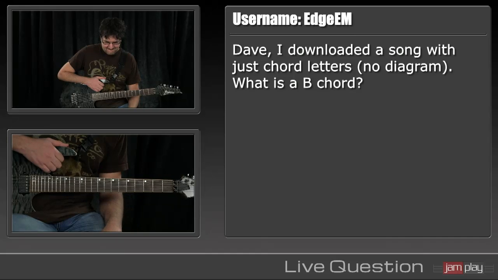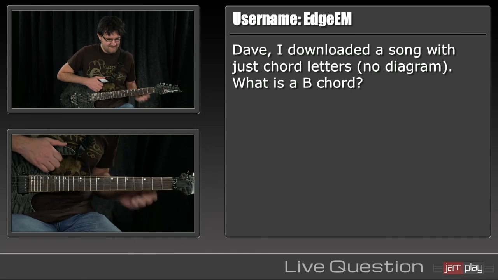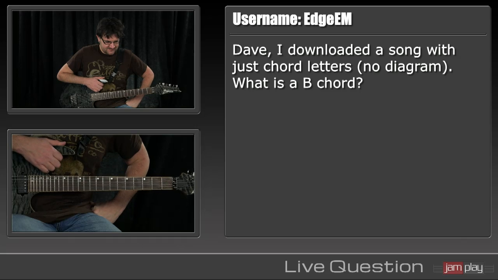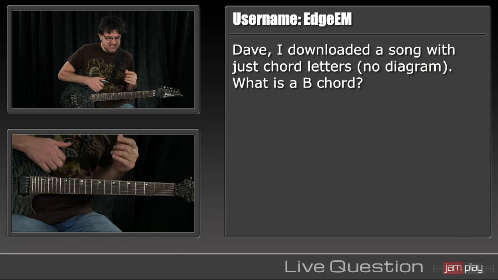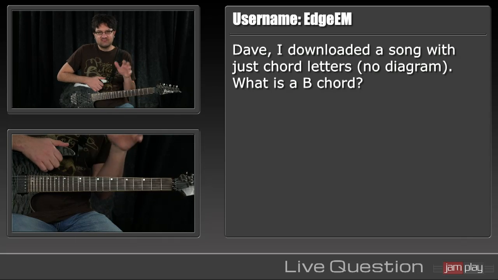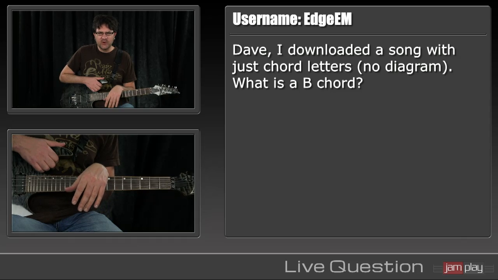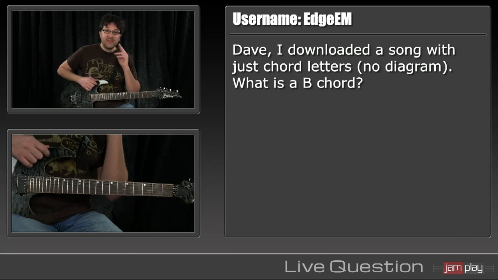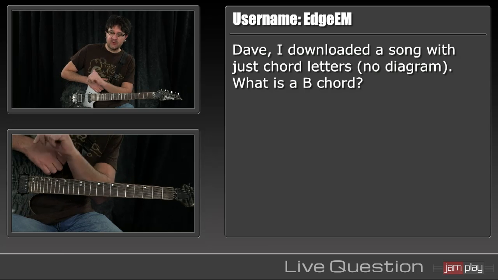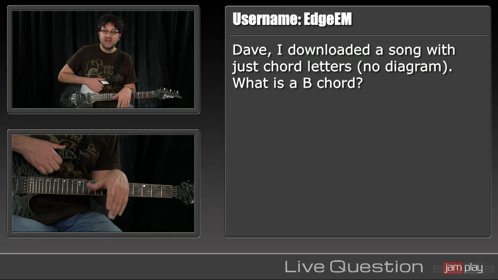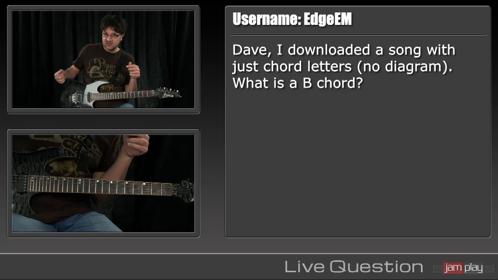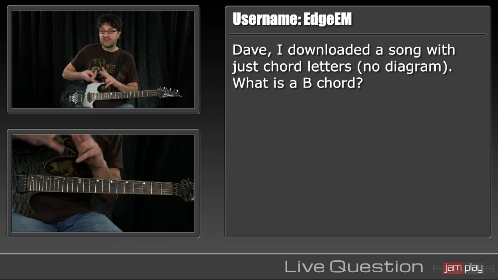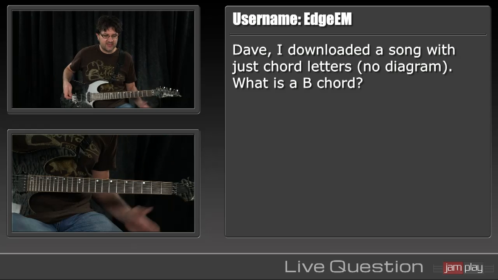Okay, this one, Edge EM asked a while ago. Dave, I downloaded a song with just chord letters, no diagram. What is a B chord? Good question. So we'll get a lot more into chords hopefully later in the lesson, but just for info, a B chord, or a chord that just has the letter, that's it, is a major chord made of a root, major third, that's what determines the nature of the chord, and a perfect fifth, sometimes if you want to have more strength to it.